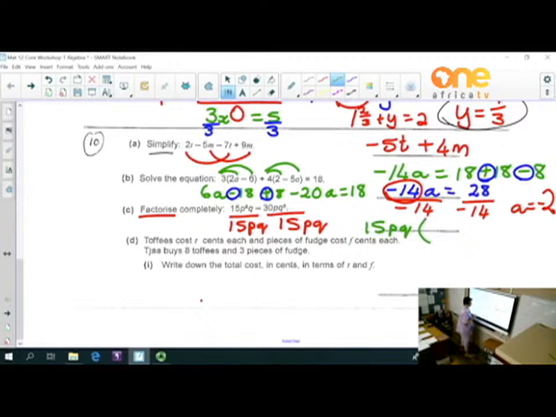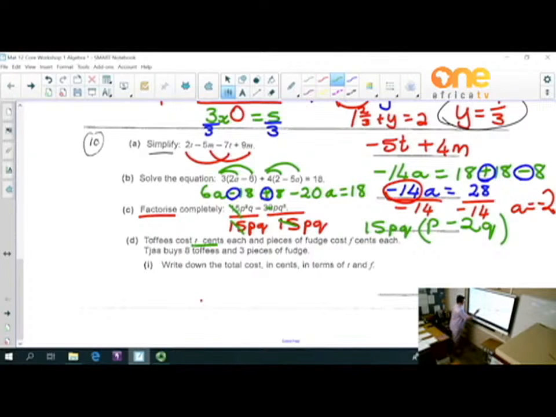Now I have to find the second one. When we divide, we subtract the indices. The 15s will cancel out here, so it is then P. Again, 15 will divide into negative 30, negative 2 times. Subtract your indices, so it's Q. P minus 2Q.